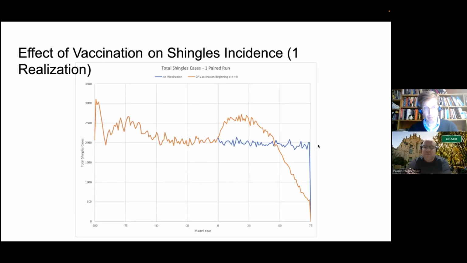So the emergent behavior we observed in this model was that, answering the question that was posed initially, chickenpox vaccination is expected to cause an increase in shingles cases before it leads to an eventual decrease. What this plot is representing along the x-axis is time, and the y-axis is total shingles cases in the model.